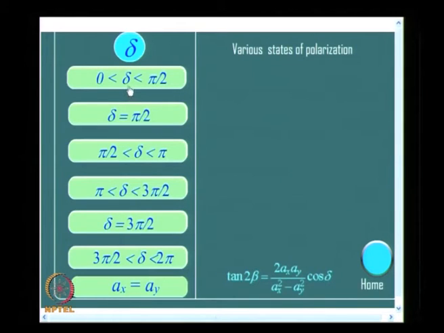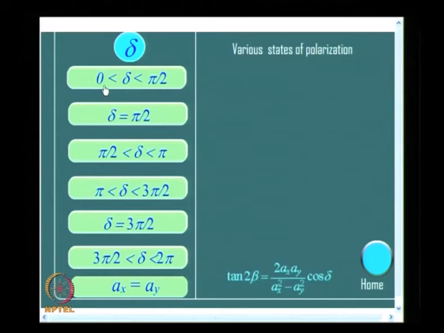We have already seen, when delta equals 0, what happens? When I have delta equal to 0, I have two vibrations and they will give you plane polarized light. Where does the ellipse come in? Ellipse does not come there. When delta equals pi by 2, then you have the equation of a simple ellipse whose axes coincide with the x and y direction.